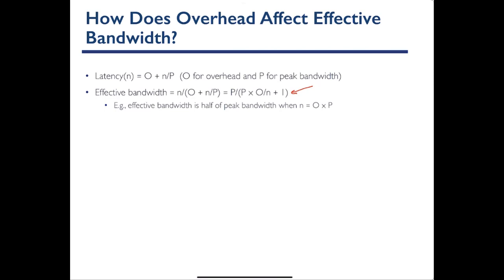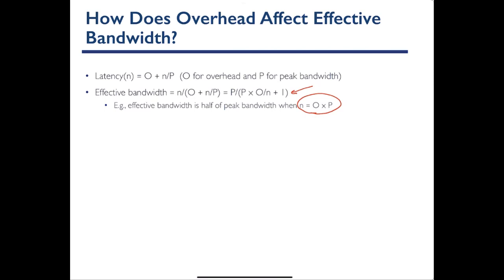So if you set N to your overhead times peak bandwidth, then your effective bandwidth becomes half, for example. As I said, this effective bandwidth depends on how much data you want to transfer. You can confirm the example I gave.